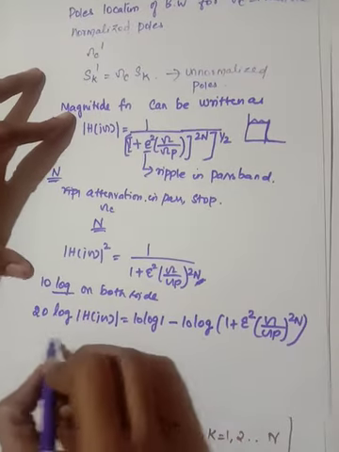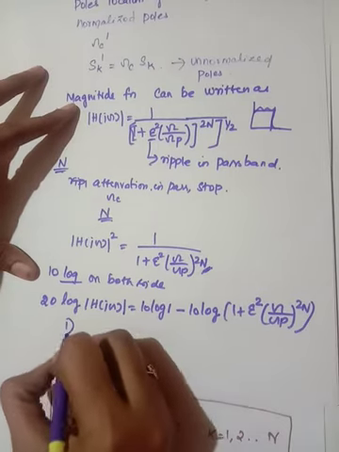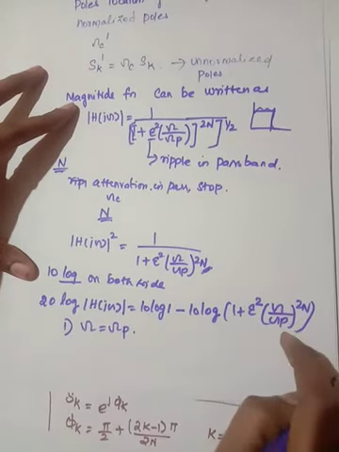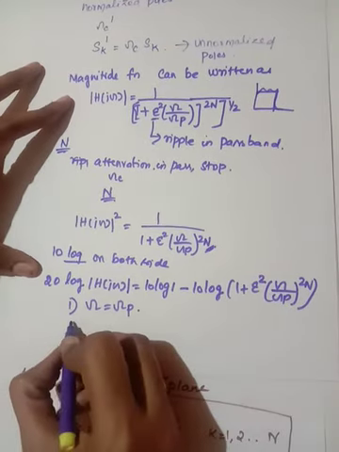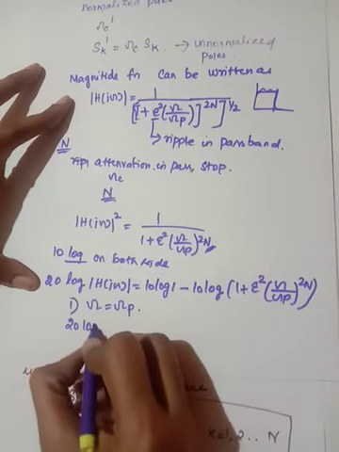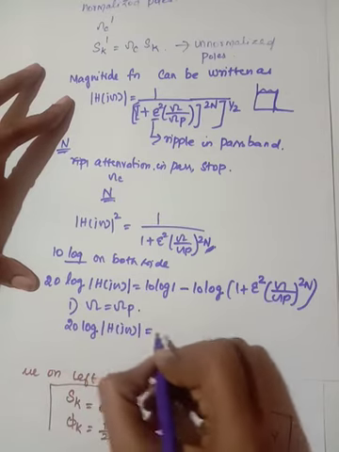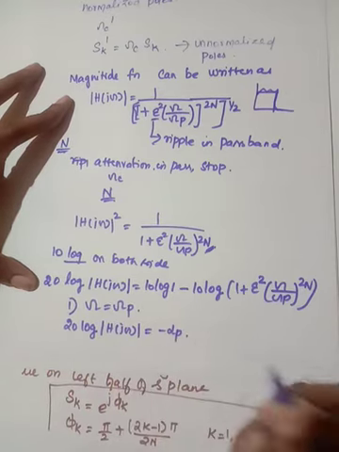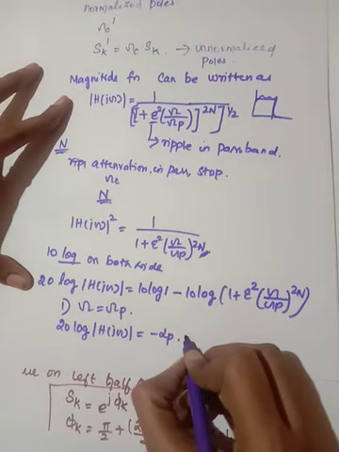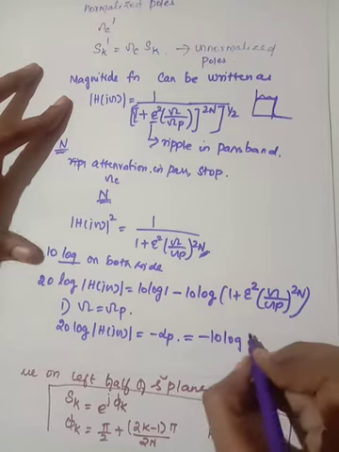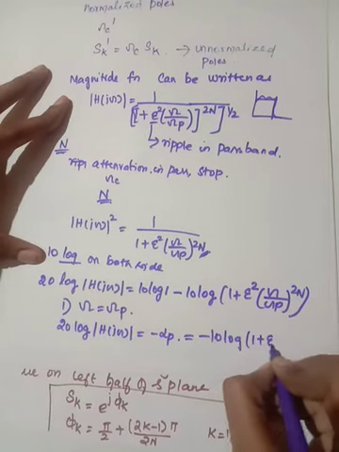Now the condition: I am going to substitute omega equal to omega p, the operating frequency equal to the passband frequency. In this case 20 log of H(j omega) is the attenuation in the passband, which is equal to minus 10 log of 1 plus epsilon square, since log 1 is 0.